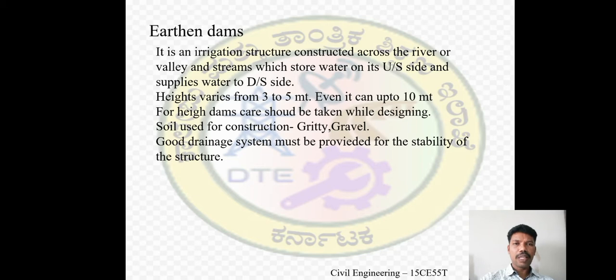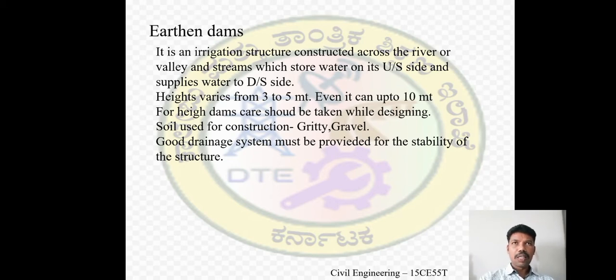Okay. The height of the dam varies from 3 to 5 meters, and we can go up to 10 meters if required. And when the height of the dam is 10 meters and above, we need to provide stability.